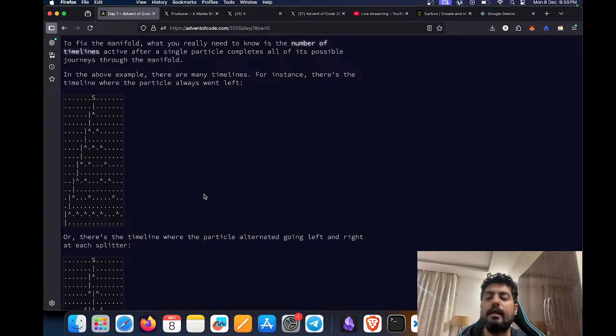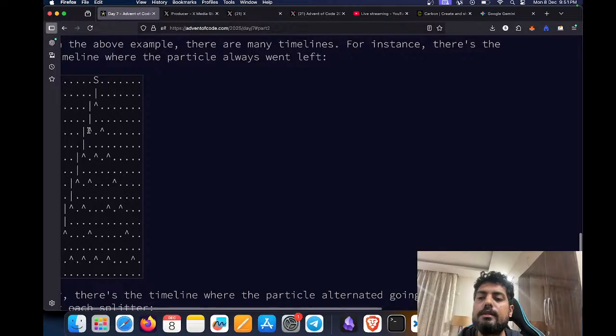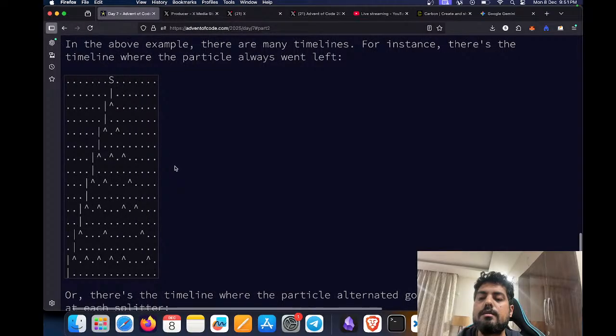Obviously, when we hit a splitter, we have two possible states, and they might end up in two more different states.